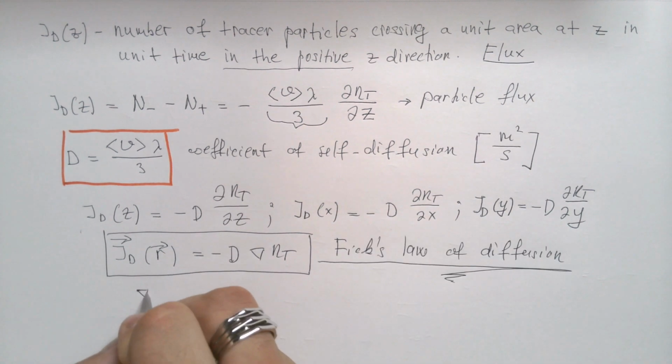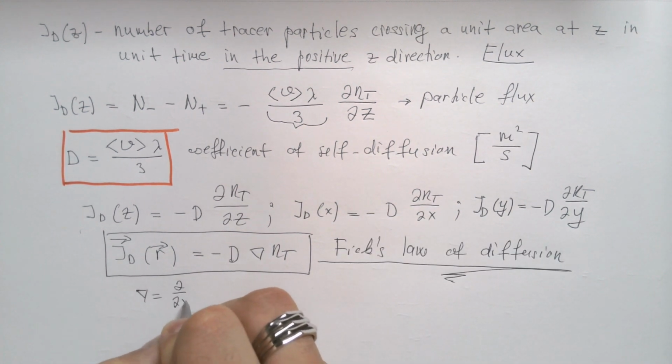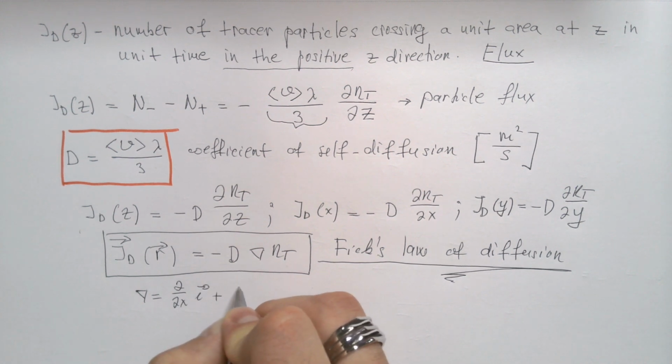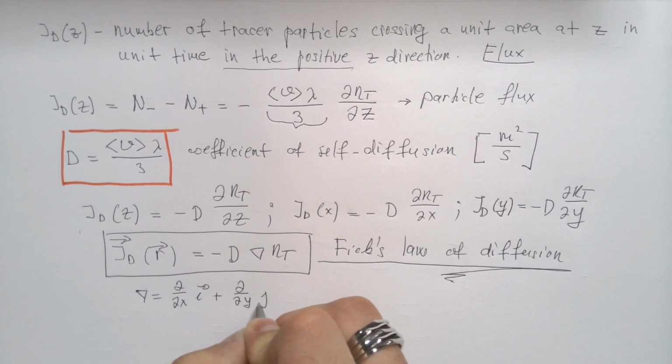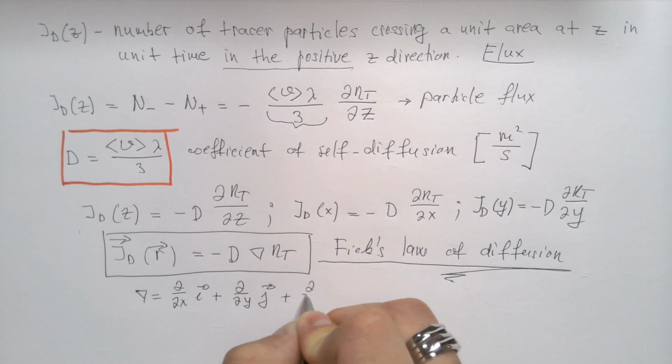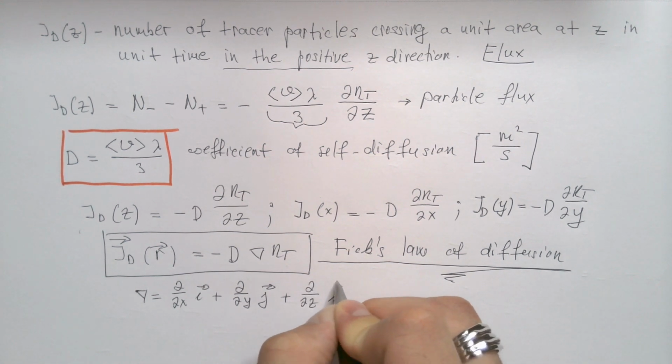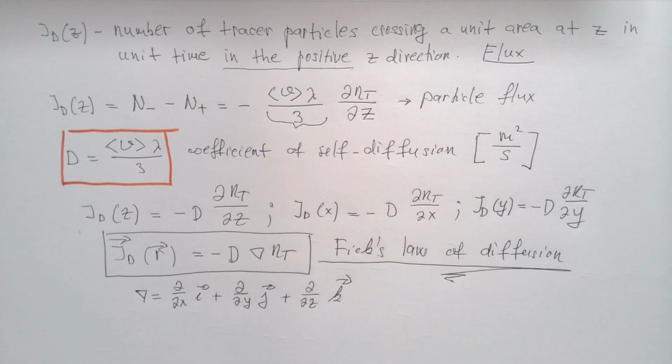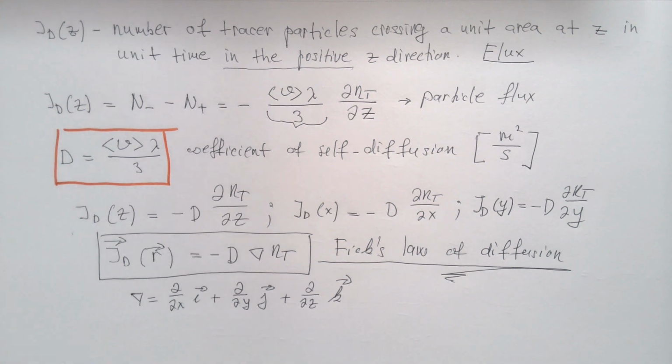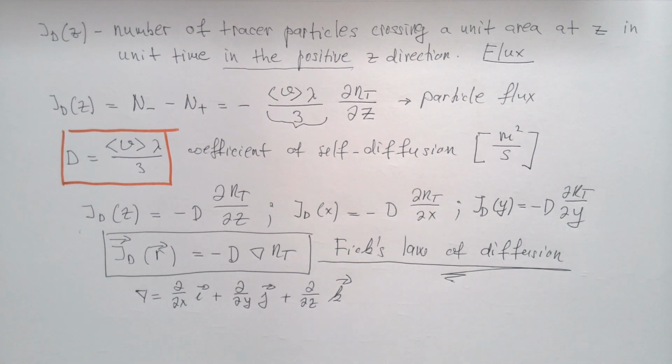Of course, nabla is defined as delta x in the i direction plus delta y in the j direction plus delta z in the k direction, where i, j, and k are unit vectors in Cartesian coordinates. Check my video on Cartesian coordinates, so this is a differential vector operator. This law, this great law, was first proposed by Adolf Fick in 1855, and it was based on experimental observations.